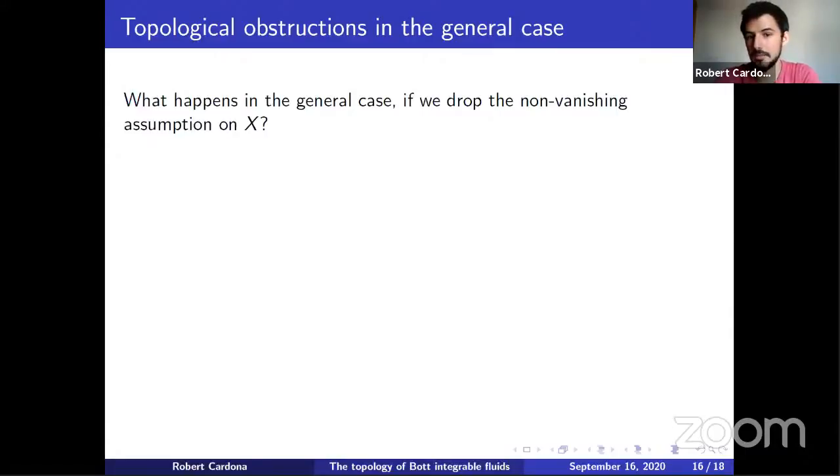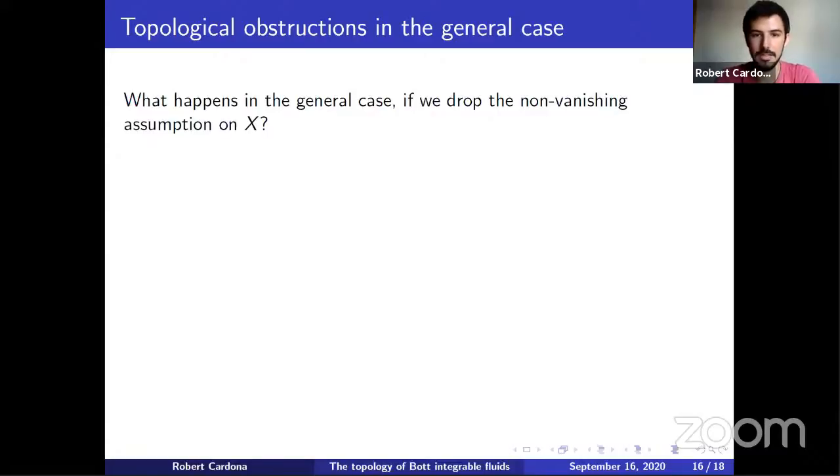But now I can drop this assumption and come back to the general case, which is simply a vector field satisfying the steady Euler equations for some metric, which is no longer non-vanishing a priori. Then the theorem that was telling you that it's a graph manifold no longer applies, because it really uses that X is non-vanishing.